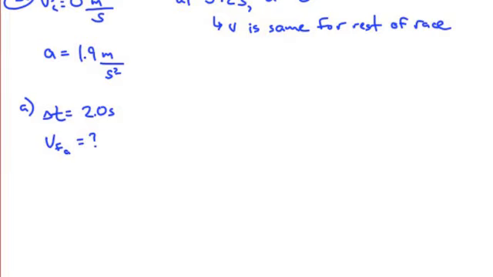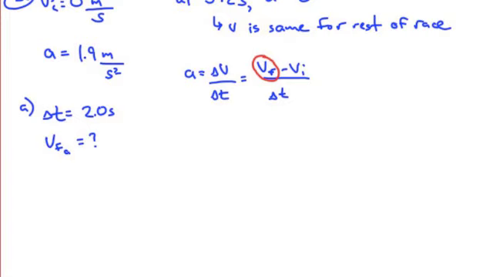Remember that our acceleration is the change in velocity over the change in time. And we can write that as our final velocity minus our initial velocity over the change in time. It is our final velocity that we want to find in part A, or VFA. That's what we don't know.